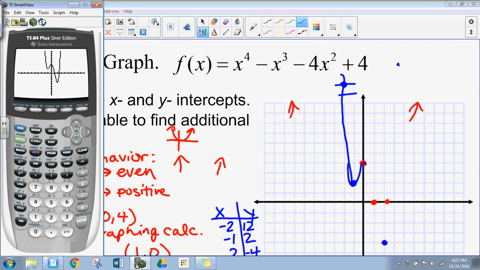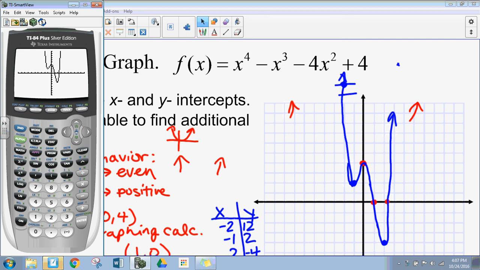So it kind of went up there, and then we went down through the x-axis, and then we got to this point here and went back up, and then we're going to keep going up. So that's what that end behavior helps us with, is knowing which direction we'll have to go through those zeros and end up going forever. So that is the graph of the equation.